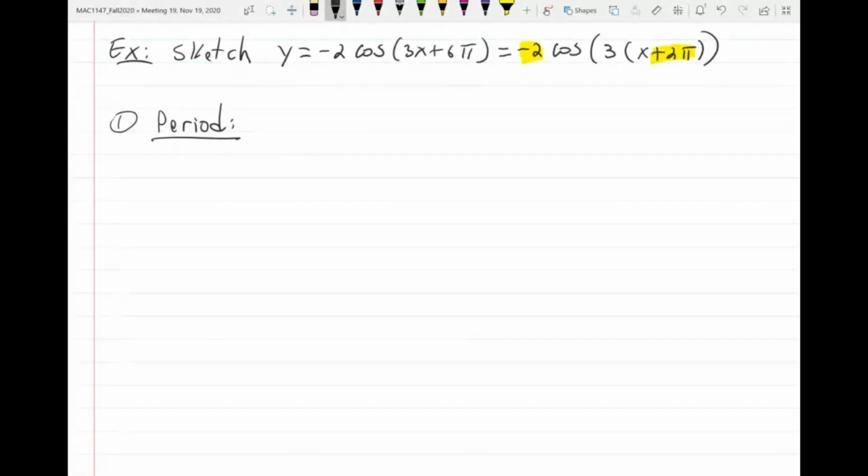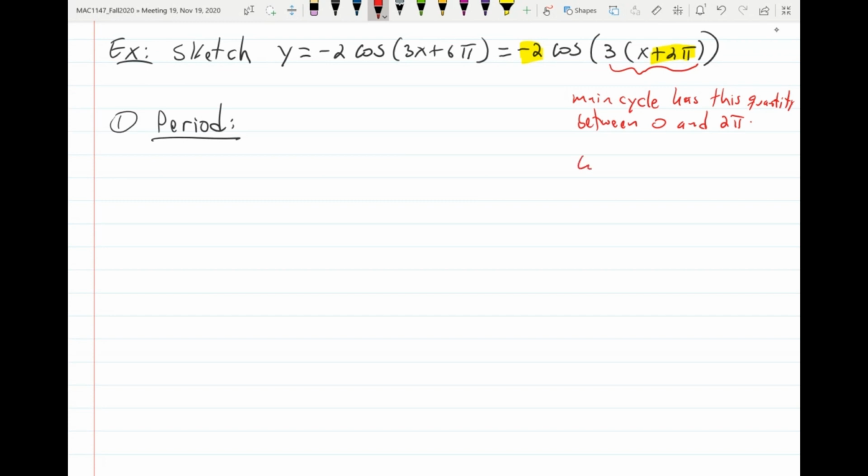We are doing cosine of something, and we know that for the cosine function, whatever we have inside always has to be between 0 and 2 pi if you want to figure out the main cycle. So the main cycle will have this quantity between 0 and 2 pi.